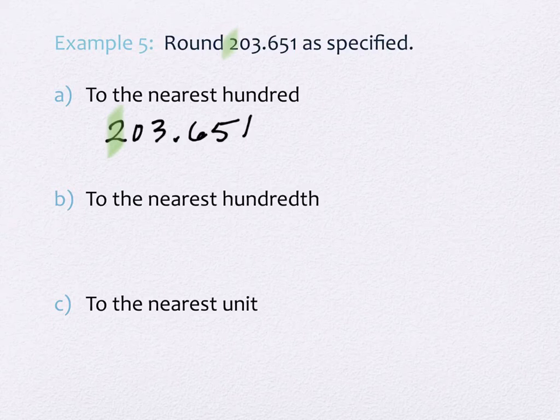So what I do is I go to the place value next to it, and it's a 0. 0 to 4, I round down. Well, what does rounding down mean? Well, it means that the value that's got the blue or the purple line underneath it and everything else simply goes down to 0. The 2 doesn't change. 2 stays the same and everything else becomes zeros. So I'm just going to write it as 200. No real need to write the decimal point with a bunch of zeros after that. 200.